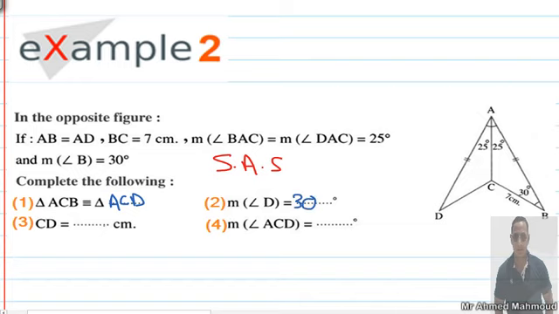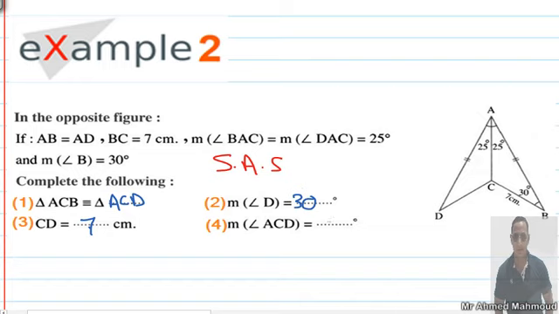Okay, CD equals what? CD like CB equals 7 centimeters. Measure of angle ACD, exactly like measure of angle ACB.